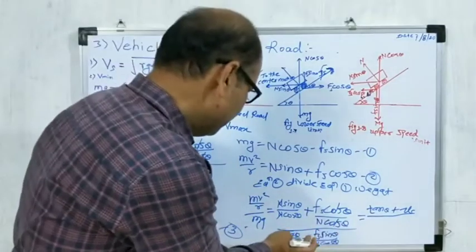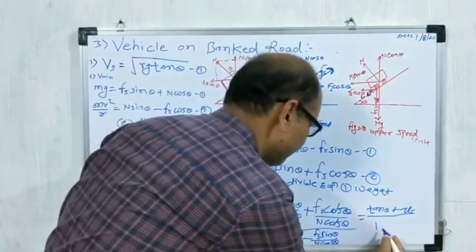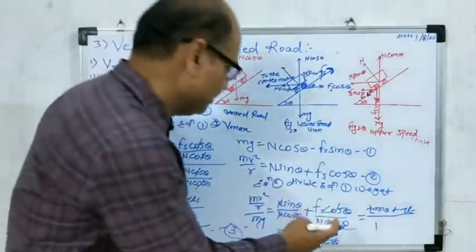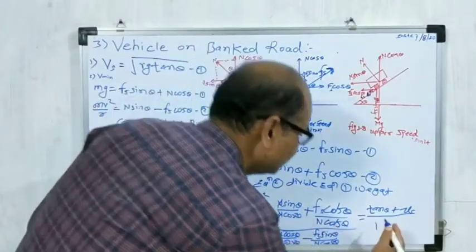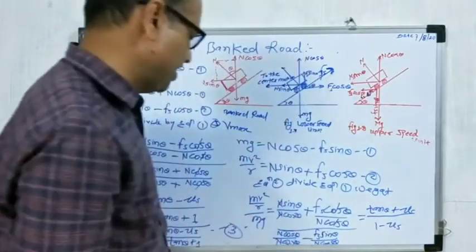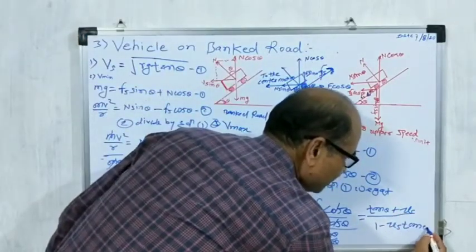Again n cos of theta divided by n cos of theta is 1 minus f s divided by n, again 1 minus coefficient of static friction into sin theta divided by cos theta, which means tan theta.